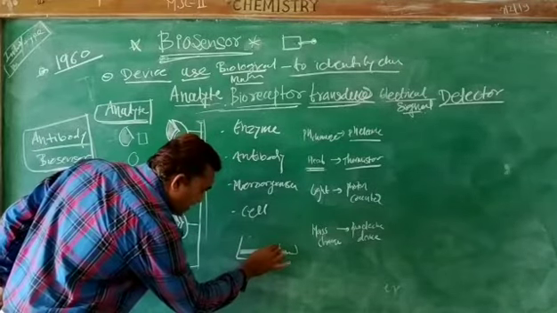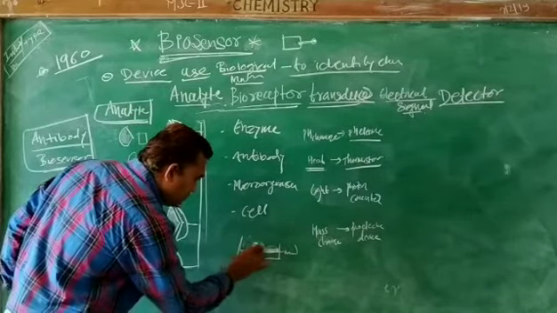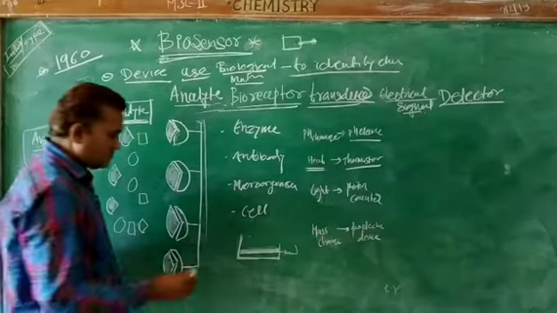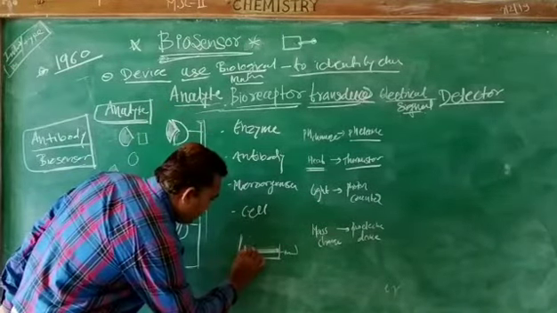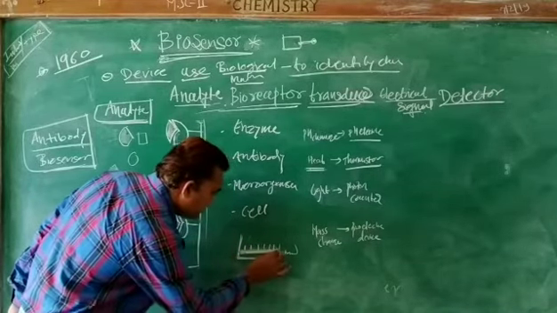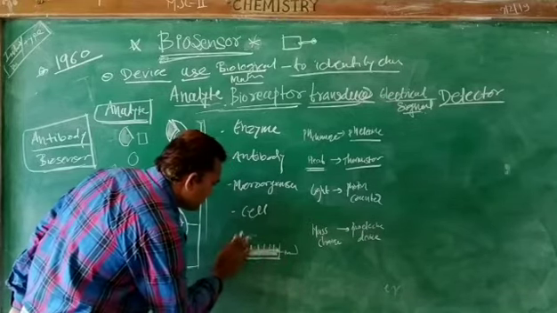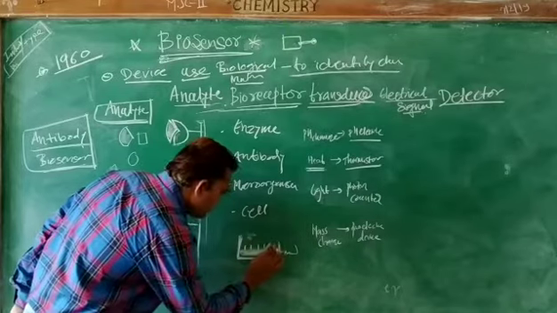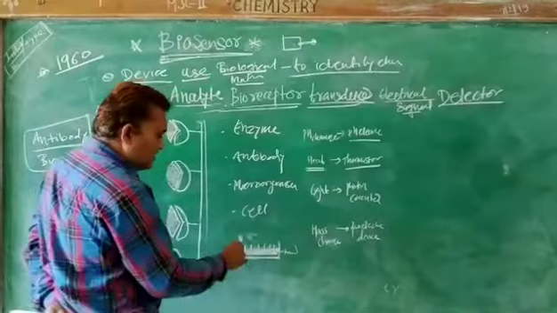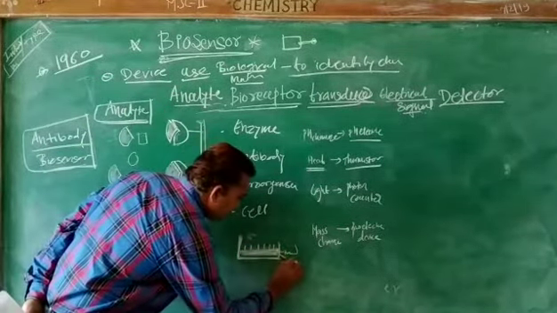In the substrate of the transducer, we first put the gels, and on the gels we apply a coating of special antigens or antibodies.